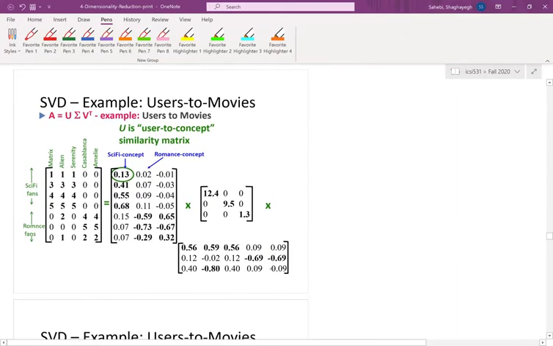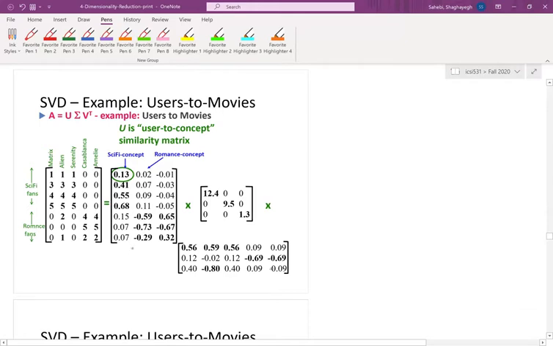So basically our matrix U is representative of a similarity between users and the concepts that we can find in the movies. Again, the concepts are hidden. No one has told us that this is sci-fi, this is romance, but we are interpreting them as being sci-fi or romance.